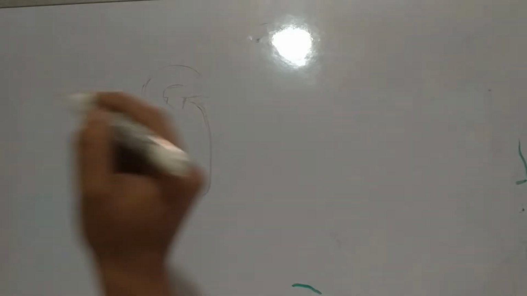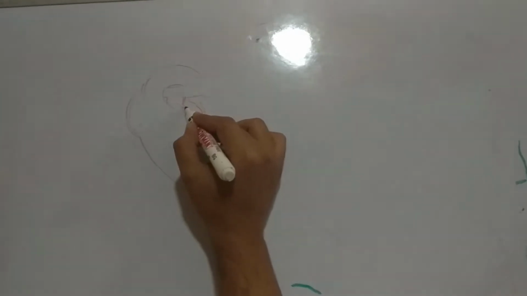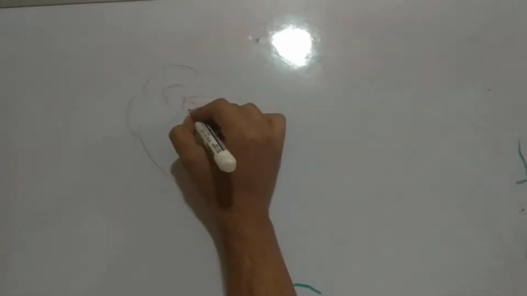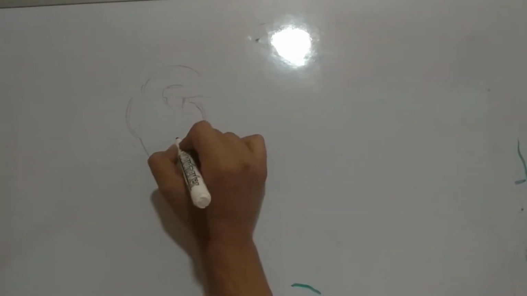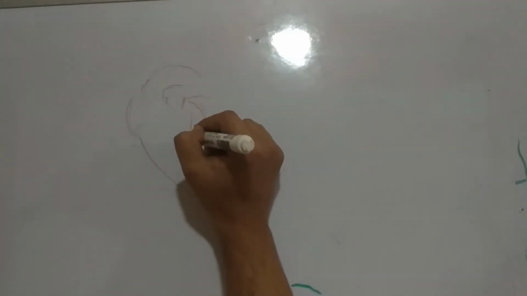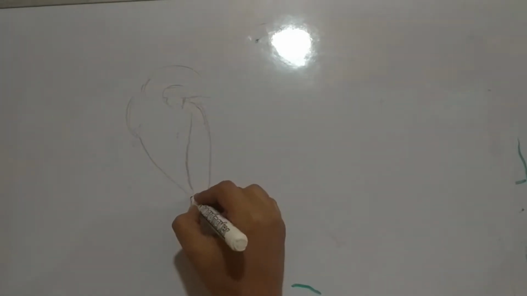Let's say the left coronary artery. So there will be your left coronary artery coming from behind. Let me draw it dotted. Now here there will be the left circumflex artery going behind, and it will come to the posterior part, and here you have the left anterior descending artery, which mainly supplies the septum, the anterior septum, part of the right ventricle, and most of the left anterior wall of the left ventricle.